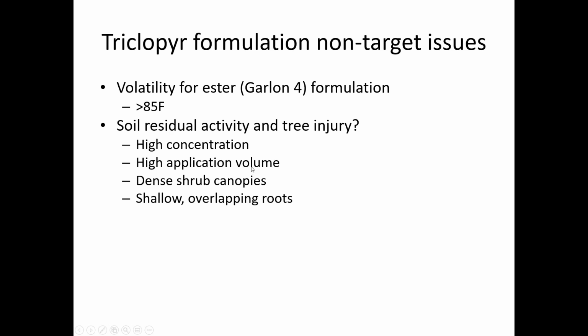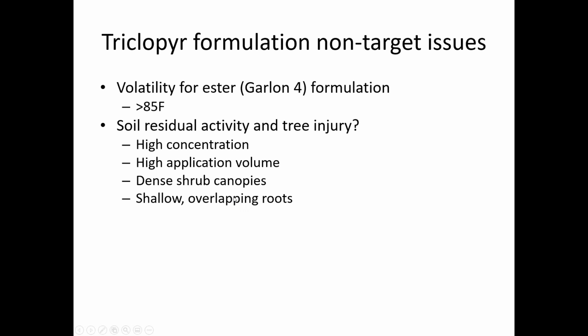So in other words, if you just got a monotypic stand of something underneath your tree canopy and you're spraying it all with a high concentration, and there's a lot of shallow overlapping roots, we have seen some issues there in terms of non-target injury.